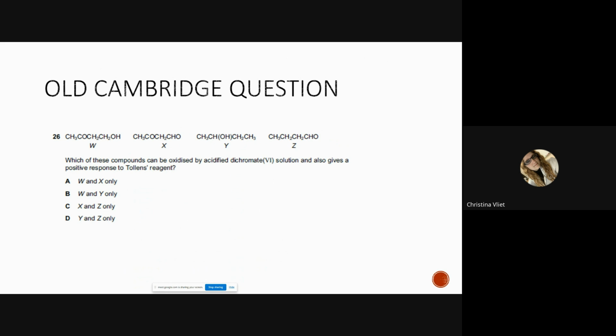Could chemical tests show up on a paper 3? Yes. I have had a lab where they had to make a silver mirror as part of their lab exam. If you know the content, you know that if it makes a silver mirror, you have an aldehyde. So part of the lab that is guaranteed is qualitative analysis, which is the last topic we're going to do, starting on Friday.